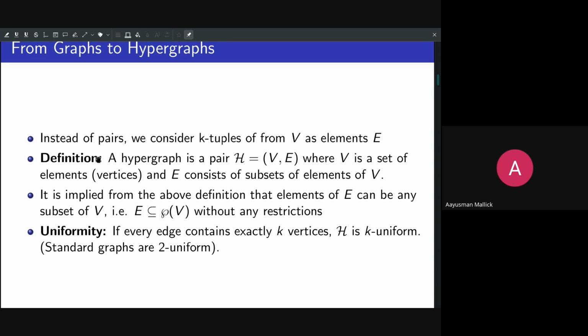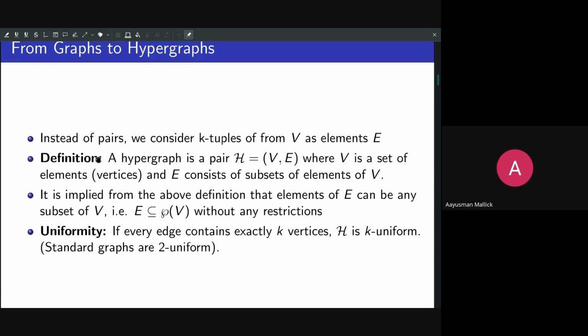So we can consider that our edge set capital E is a subset of the power set of V without any restrictions. Why does the term "without any restrictions" come into place? Because this is the case of a general hypergraph. The restrictions would have been like for graphs, where the elements of E would only have been pairs.